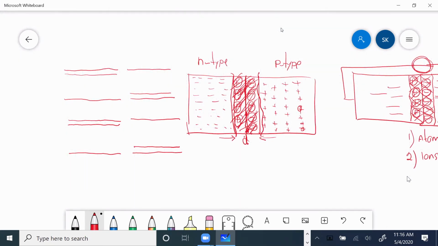The Fermi level does this. But in fact, when it does this, what happens to the bands of energy? Because the Fermi level should really have stayed like this.